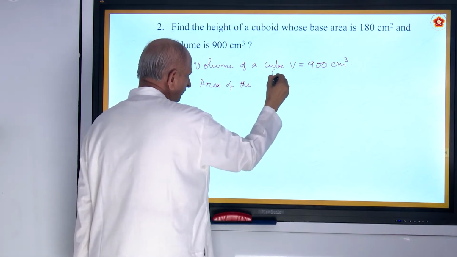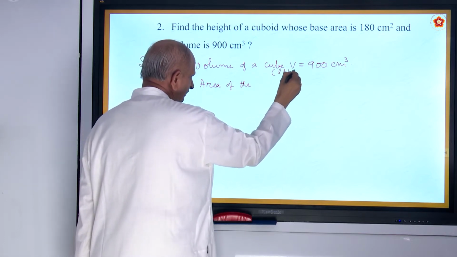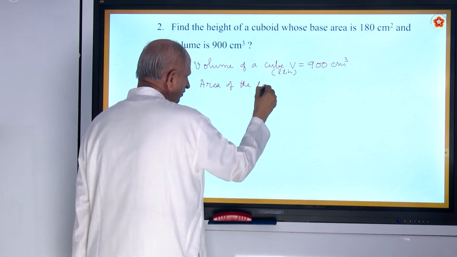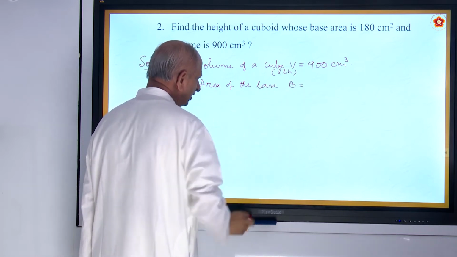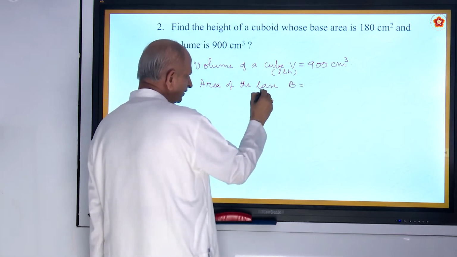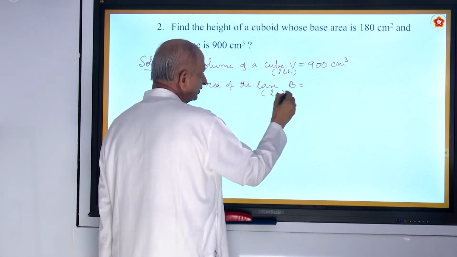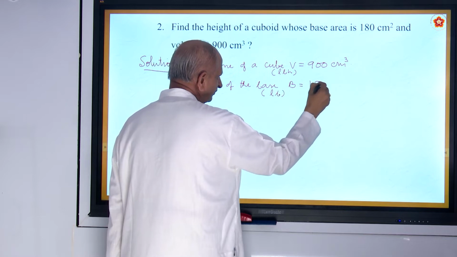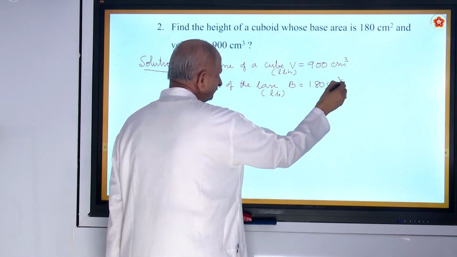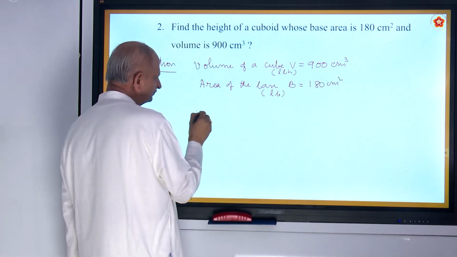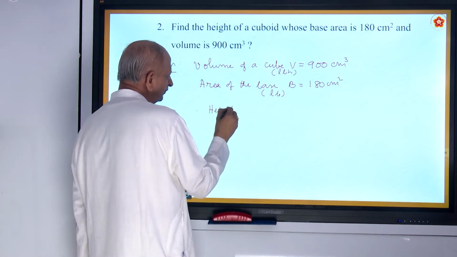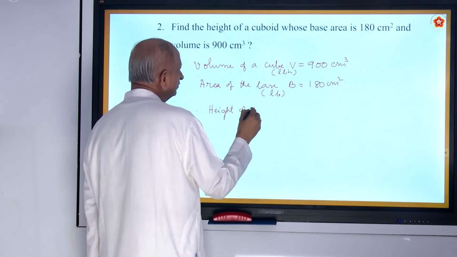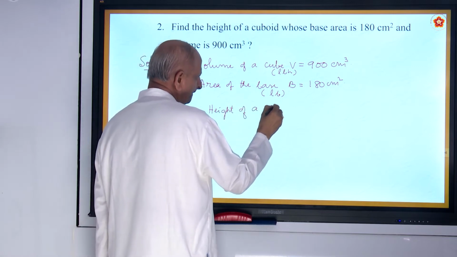Volume means LBH. Area of the base we call it as, say, B or A, that is L into B is equal to 180. Therefore, height of a cuboid.